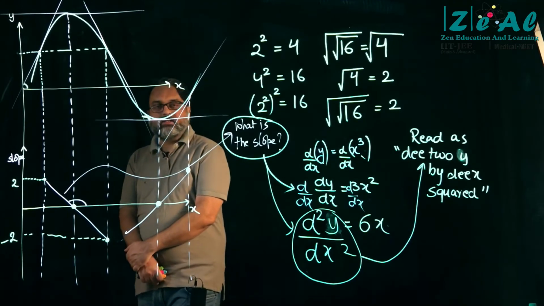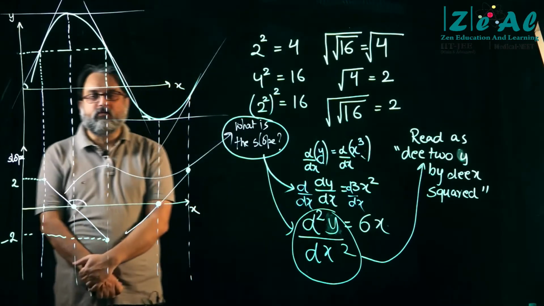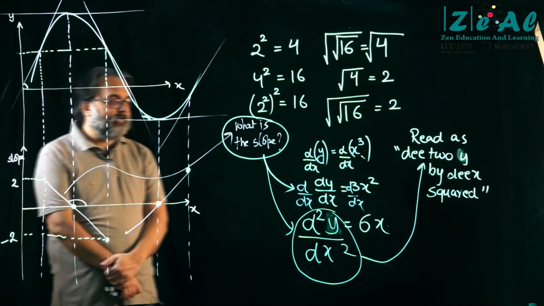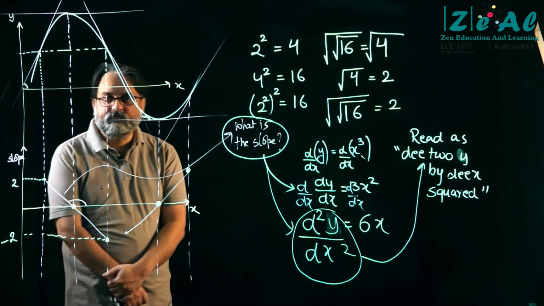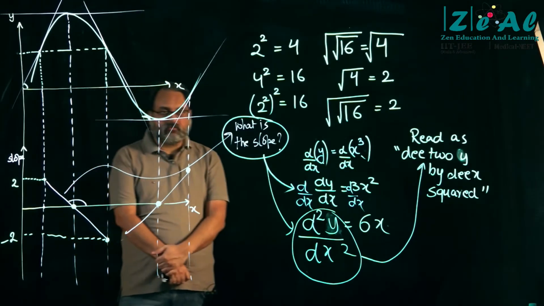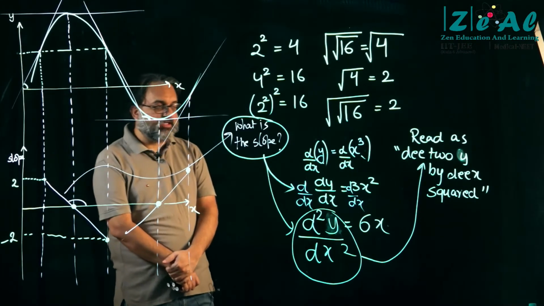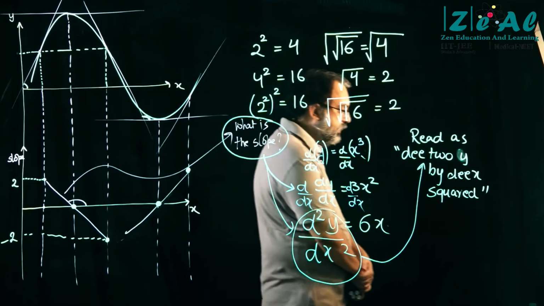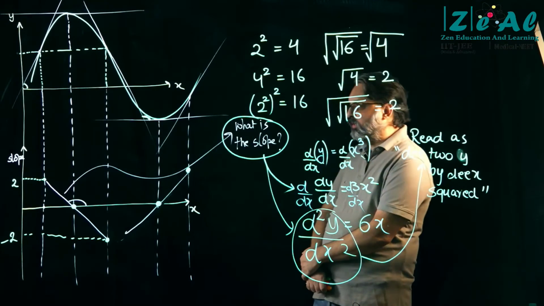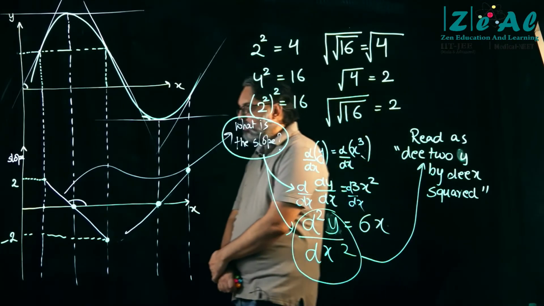So we write this as this, and we read it as d2y by dx square. Advik, this is the prerogative of the person who worked it out first. Okay, कि उसको कैसे लिखना है. It is the prerogative of the person who worked it out first.